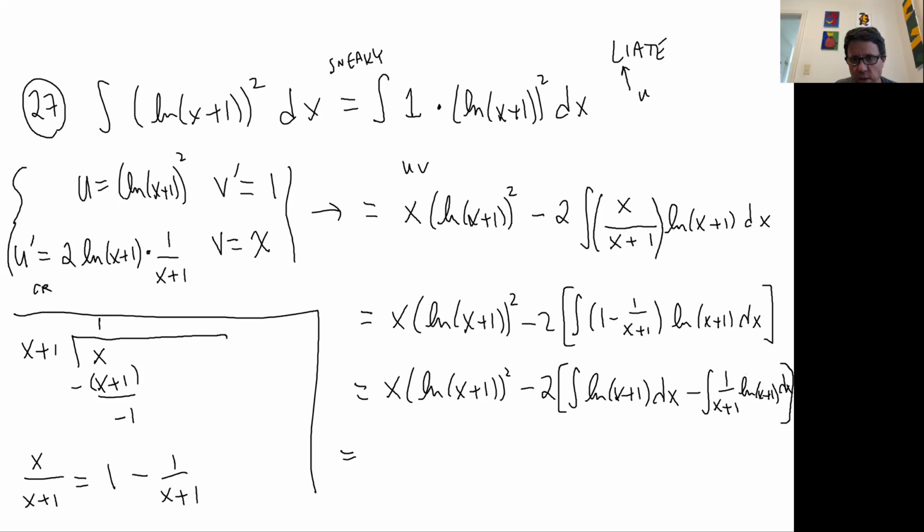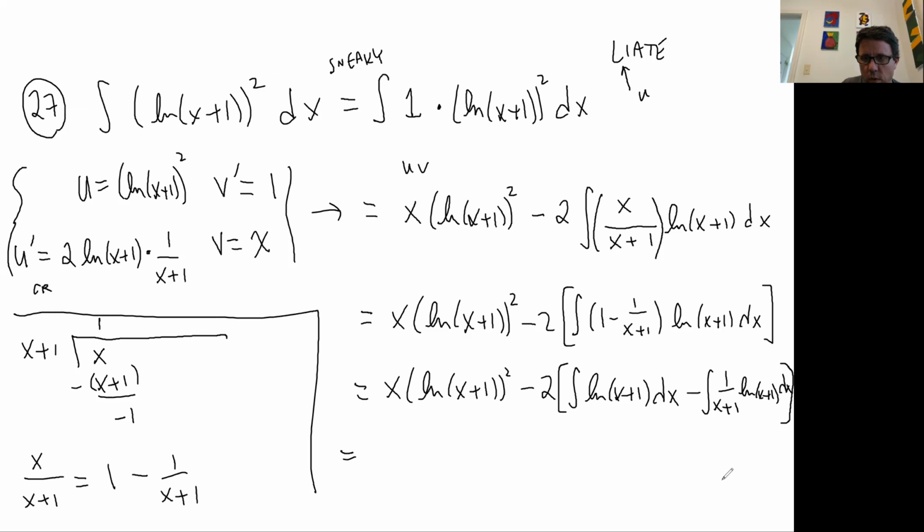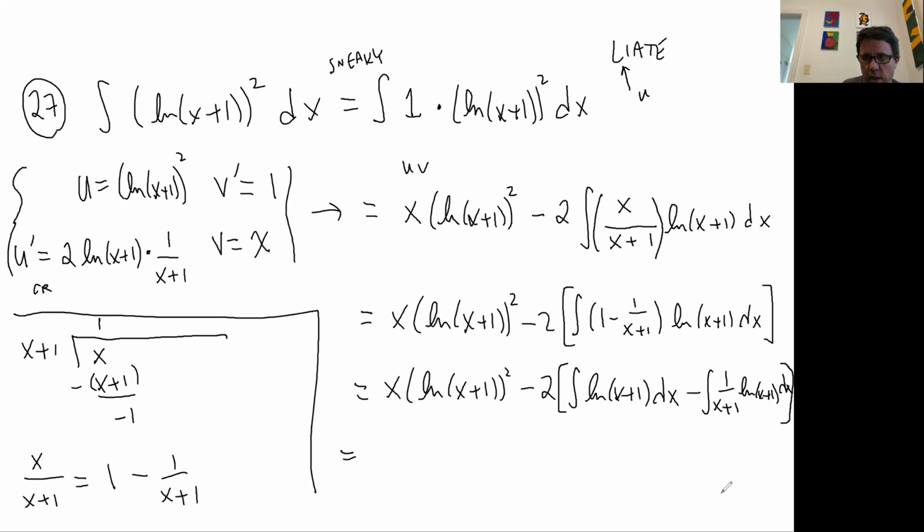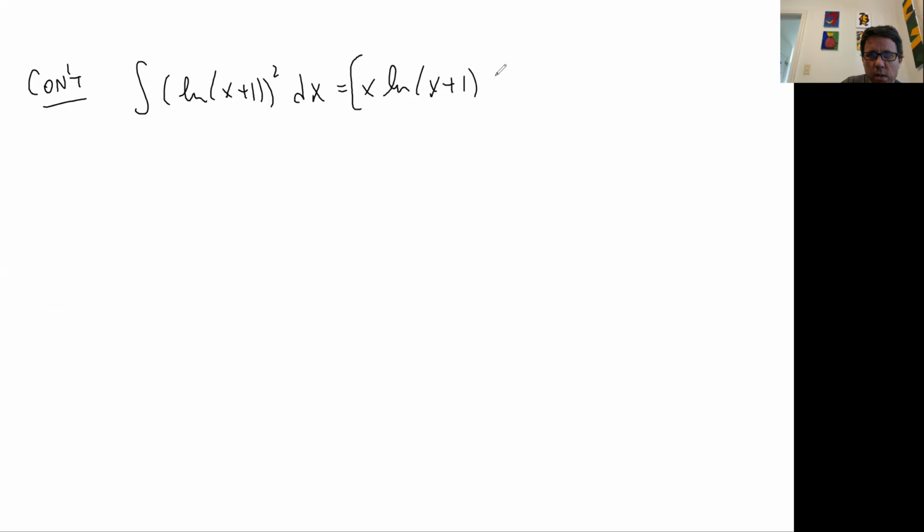I'm going to have to recopy this on the next page. So continue. Integral natural log of x plus 1 squared. I have x natural log of x plus 1 squared minus 2 times the integral of natural log of x plus 1.